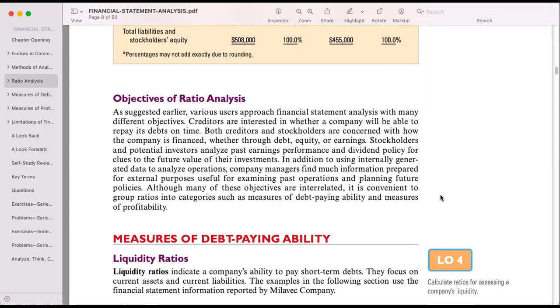So, yeah, itong ratio analysis, ito yung medyo mostly ginagamit talaga in interpreting the financial statement data, because most of the interpretation and the ratio analysis are those that are actually useful for different users of the financial statement.